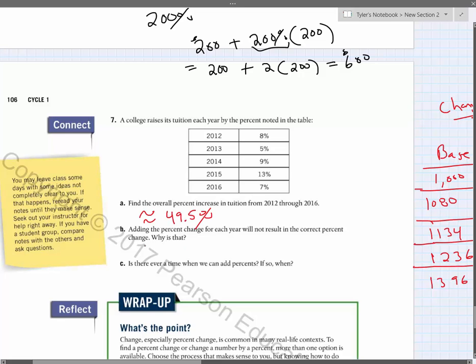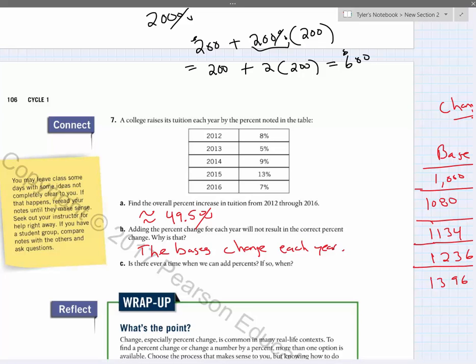For part B, adding the percent change for each year will not result in the correct percent change. Why is that? Again, we talked about that as the bases change each year. Because the bases change each year, it's not staying the same. Part C says, is there ever a time when we can add the percents?